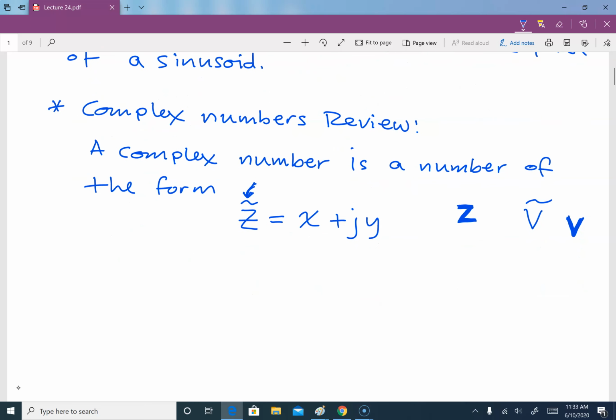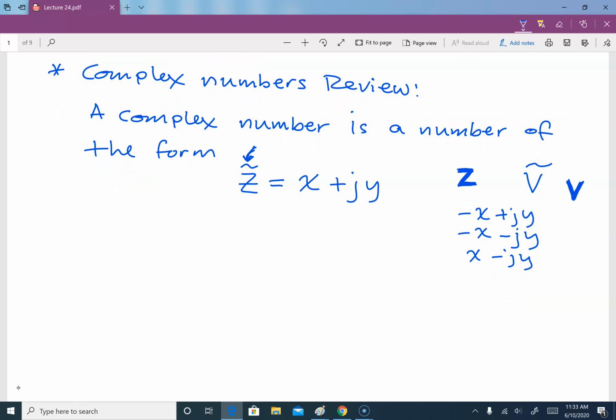Now, over here we have x plus jy. Of course, the complex number can take, for example, minus x plus jy, minus x minus jy, or x minus jy. So all of the possibilities.